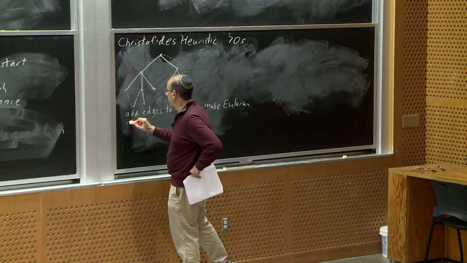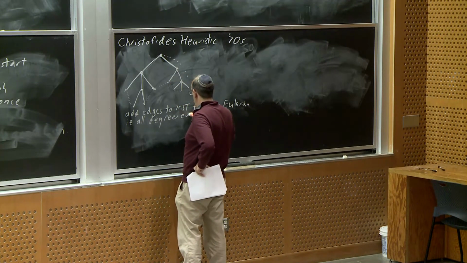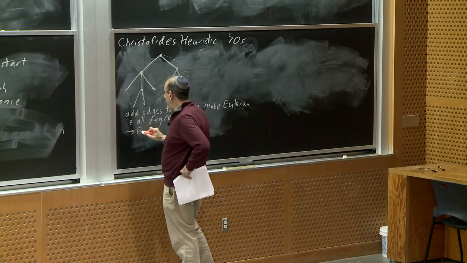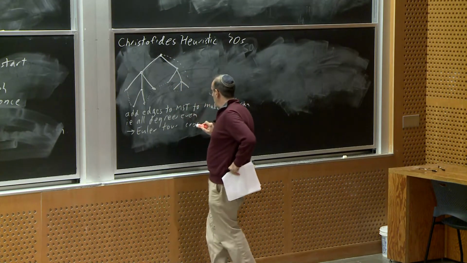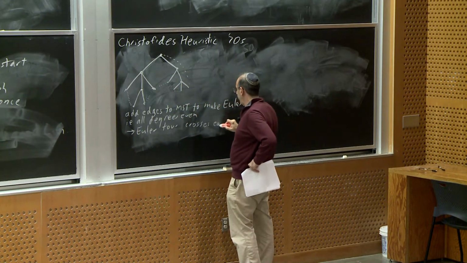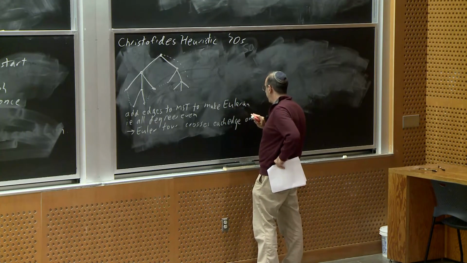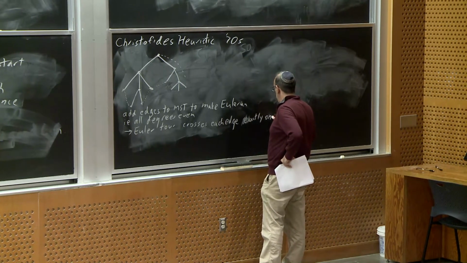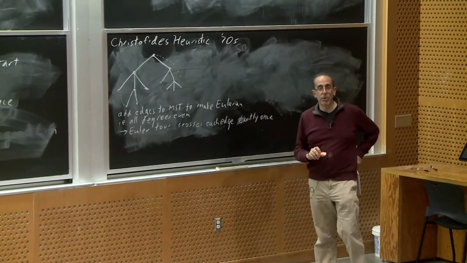In other words, all degrees even. And if a graph is Eulerian, then that graph has what's called an Euler tour that crosses each edge exactly once. And will therefore provide us with a traveling salesman tour of the entire graph.